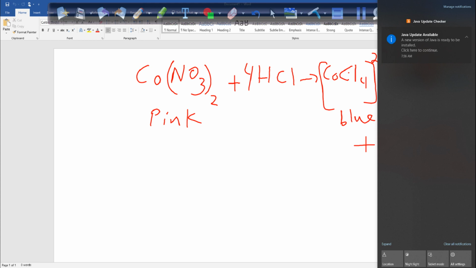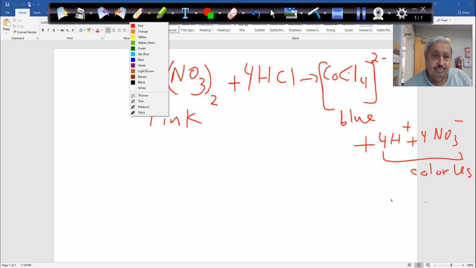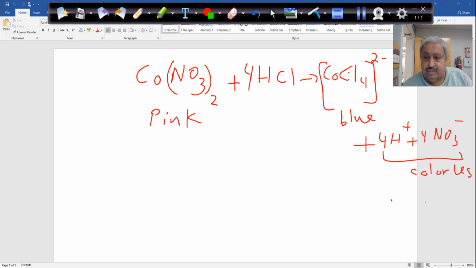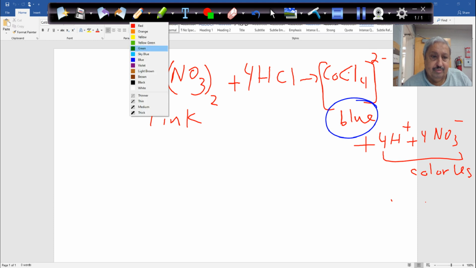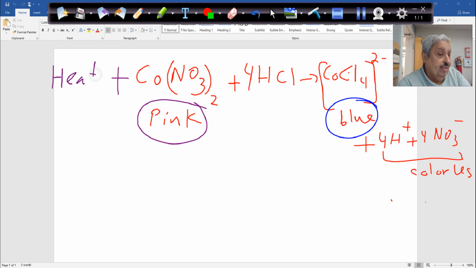So this part here is blue. This solution is blue. And this part here doesn't have a pink color, but this is pink here. Now if we look at the whole thing, the heat will be at the left.